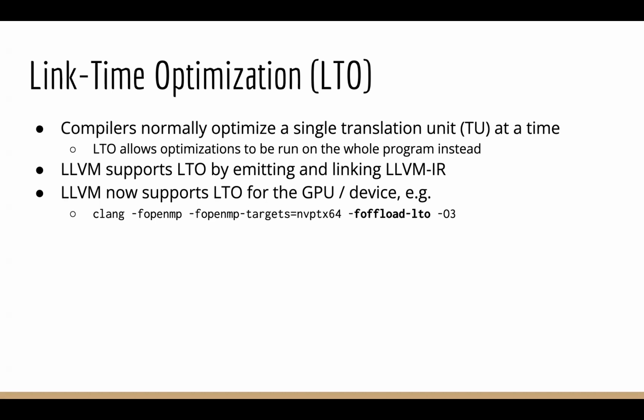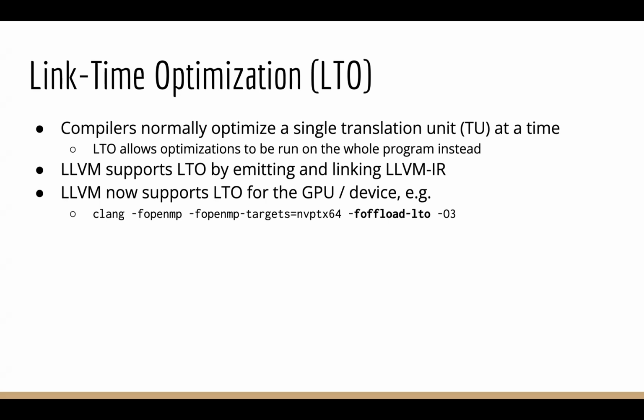LTO solves this by allowing us to run optimizations on the whole program instead. And LLVM does this by simply emitting and linking LLVM IR instead of a standard ELF object file. What happens is the linker will then pick that up, see that it is an LLVM IR file, link all the LLVM files it found, run the LTO backend, then add the output object file to the original linking job.